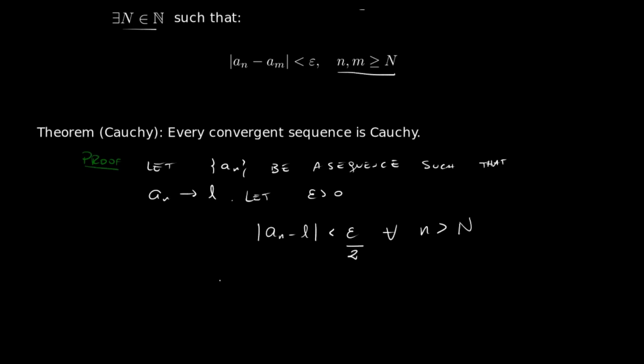Now let's take a natural number m that's also greater than or equal to N. And try and do a sub n minus a sub m. We want to see that this is smaller than epsilon, just to see that this sequence is Cauchy.